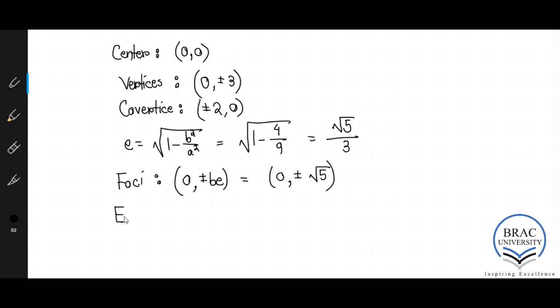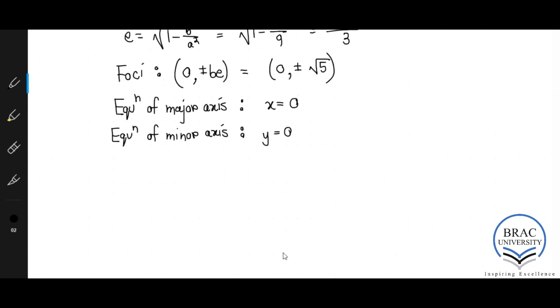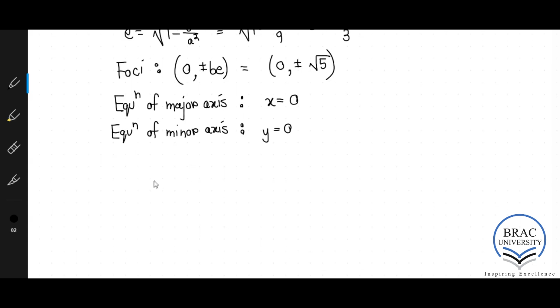Now we have the equation of the major axis. The equation of the major axis here is, since it's again shifted, x is equal to 0. The equation of the minor axis is y equals 0. And finally, the length.